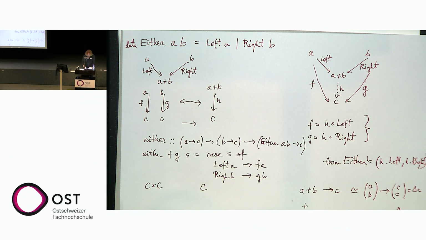So delta will be now the right adjoint of plus, okay? So delta is the right adjoint of plus, and previously we know that delta is the left adjoint of product.